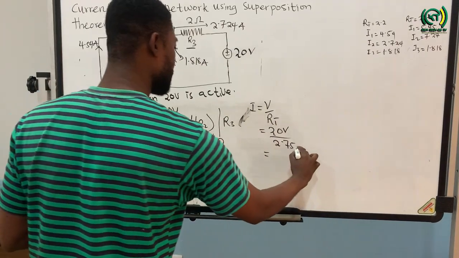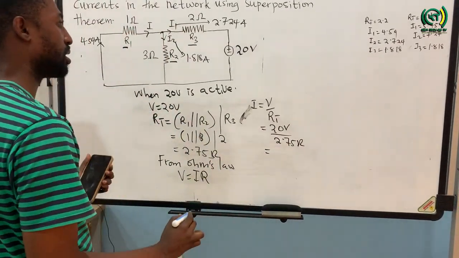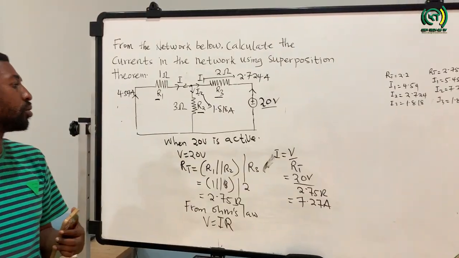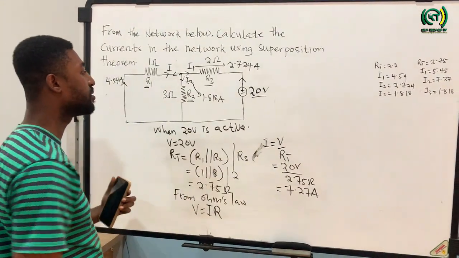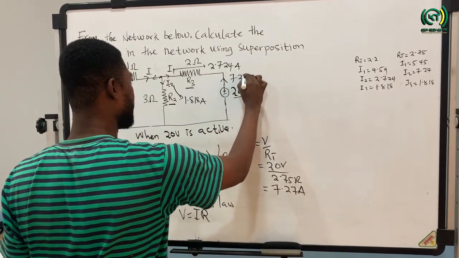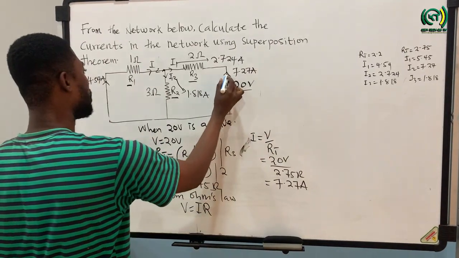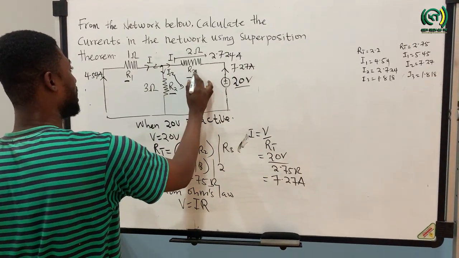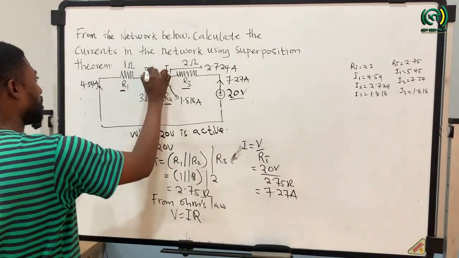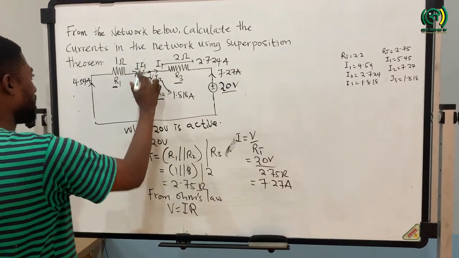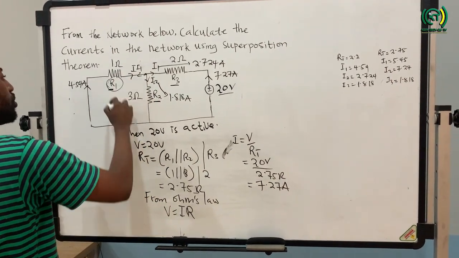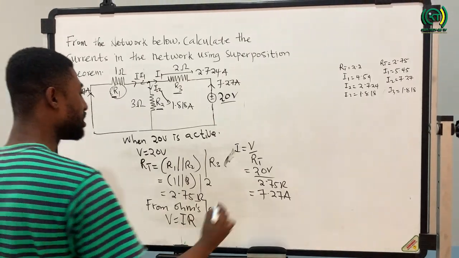If I simplify this, it produces an answer of 7.27 amps. So the 20-volt source will drive a current of 7.27 amps. This current will flow through resistor R3, and when it gets to a junction, it's going to split into, let's say, I2 and I1 here. To calculate the value of the current flowing through resistor R1 when the source is 20 volts, we can still use the current divider rule.